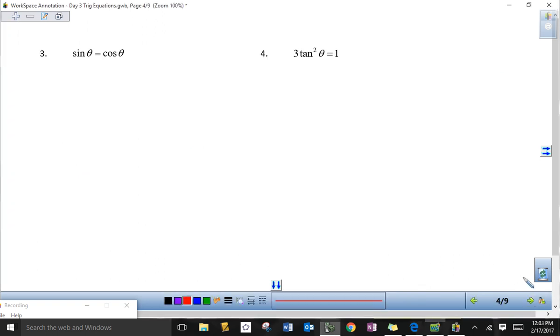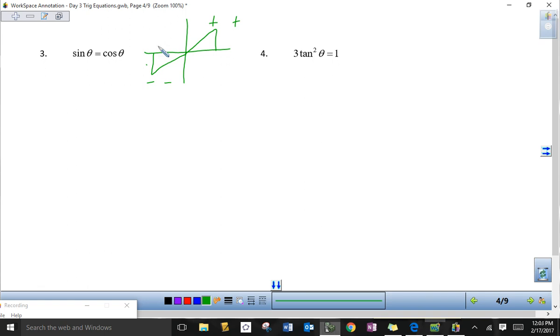Now, the next one's a little different because we're not saying that sine is equal to some number. We're saying sine is equal to cosine. Okay, so we're going to think about which quadrants sine and cosine have the same sign in. Okay, if we start with that, I know that they're both positive in the first quadrant and they're both negative in the second quadrant. So I'm looking for a triangle in either the first or the third quadrant.